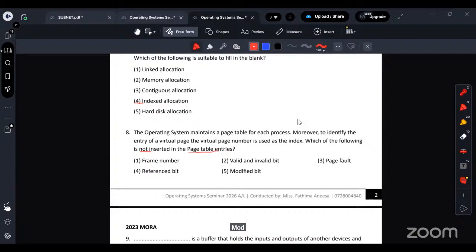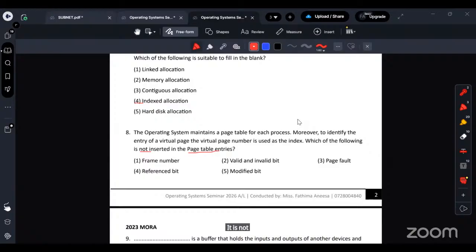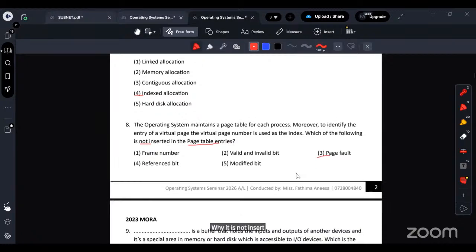Modified bit tracks if the page has been written to. Reference bit tracks if the page has been accessed recently. Page fault is an event or interrupt that occurs when a requested page is not in the page table. It is not a piece of data stored inside the table itself. Was that part clear? Why is it not inserted in the page table entries?